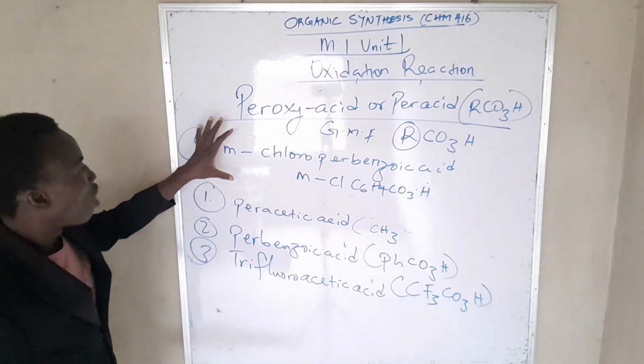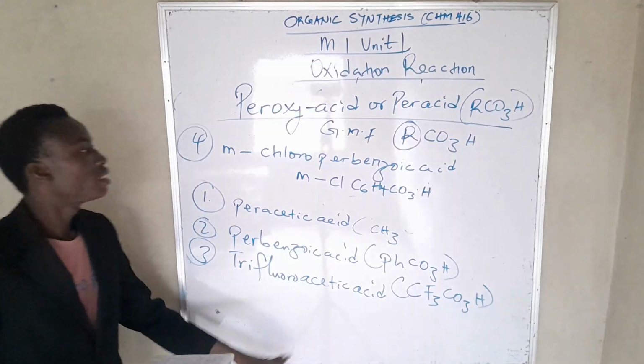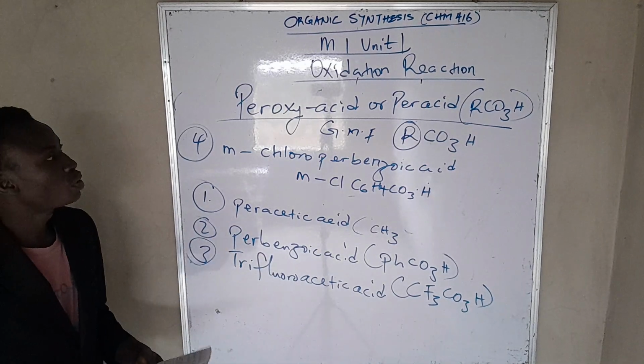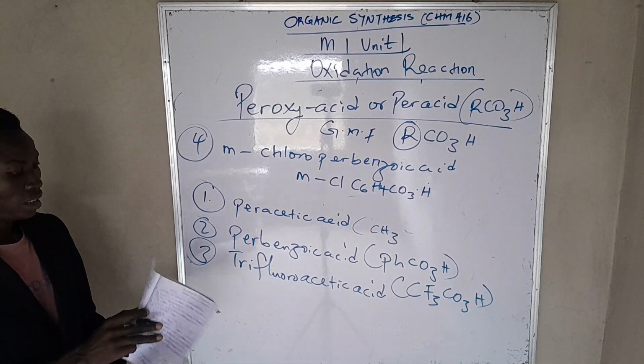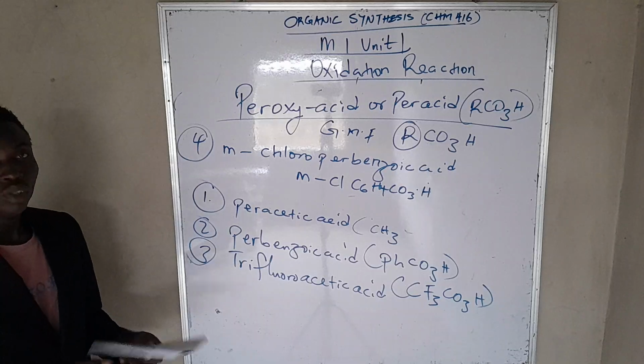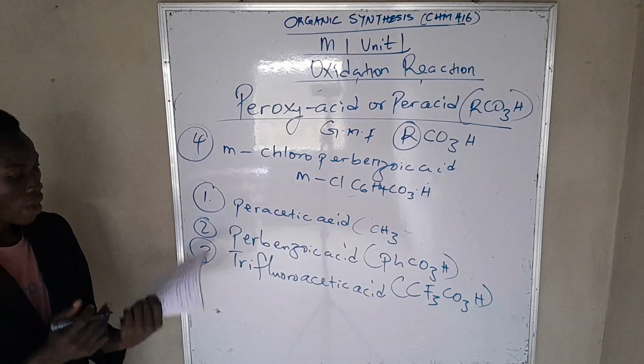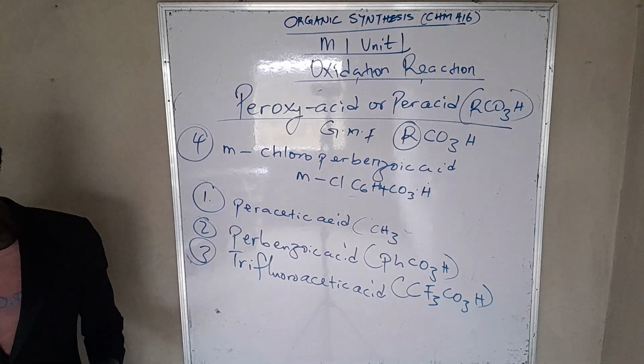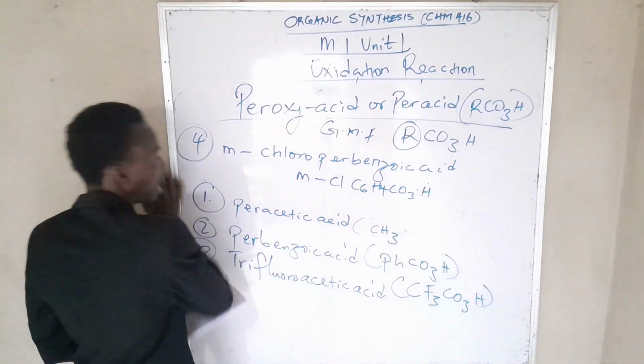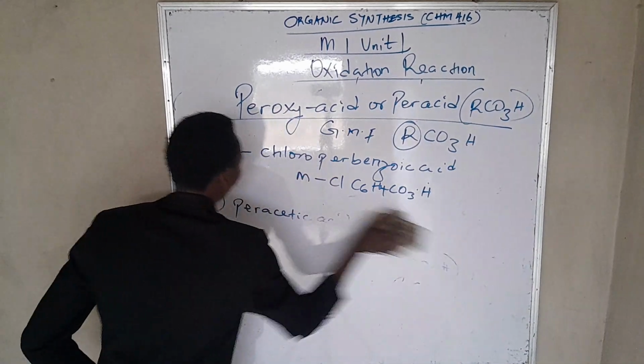So all these compounds that we have here are where the mentioned peracids can generally be used. So let's talk about the preparation of the peracid. How do we prepare them?